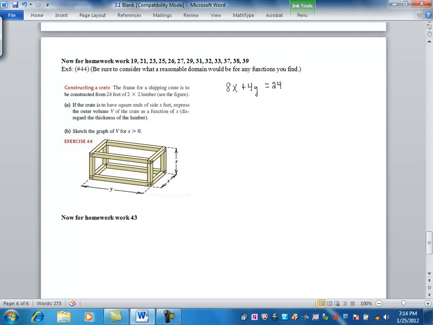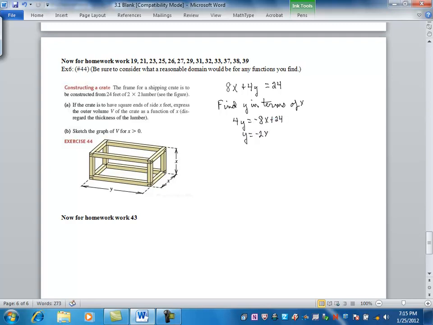And so our job is to express the volume of this thing. Alright, now remember guys, the volume is length times width times height. And we want to do this all in terms of x. So I need to find y in terms of x first of all. So 4y equals negative 8x plus 24.